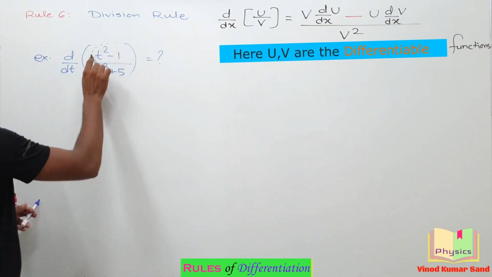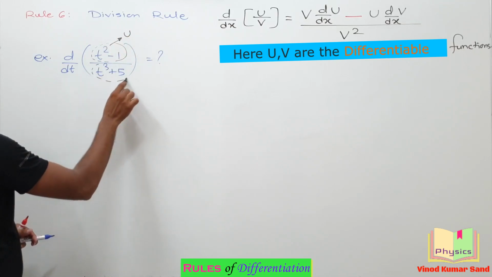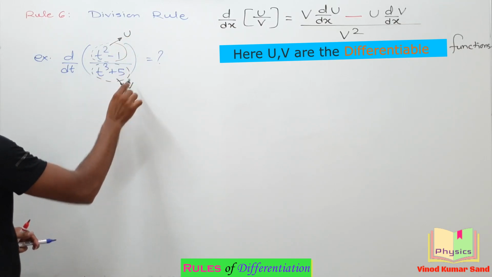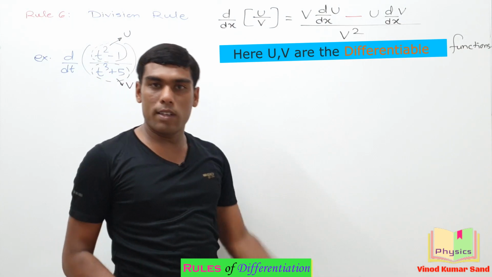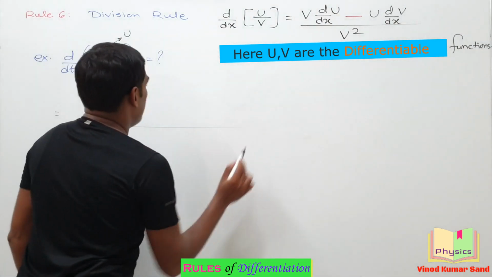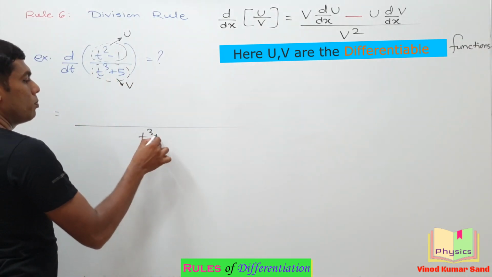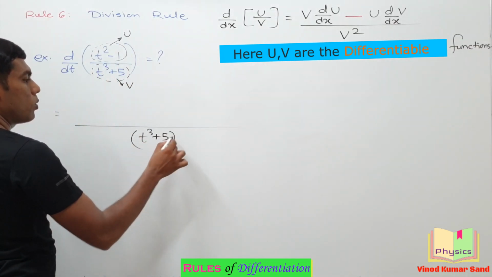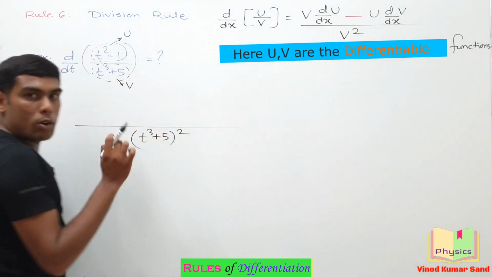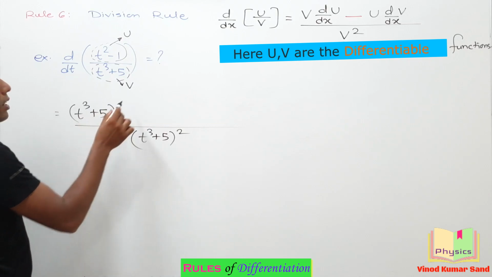This entire term can be taken as u and this can be taken as v, and then this formula is applicable. So doing the calculations here, v square, it means t cube plus 5 whole square. Keep the v outside, so t cube plus 5 is kept outside.